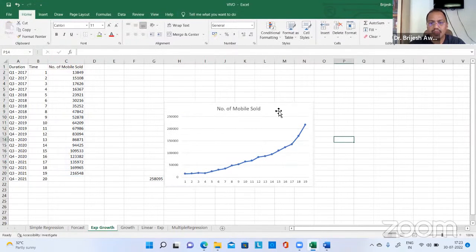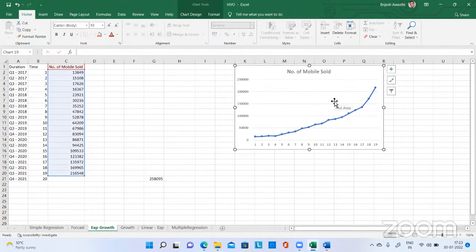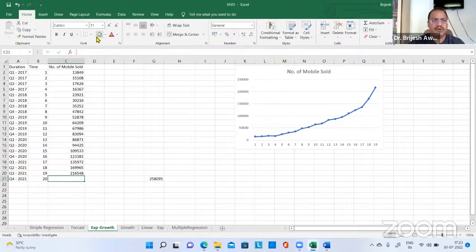Now you can easily understand there is an exponential growth. Now I'm going to do forecasting. First of all, I'm going to do forecasting as linear.